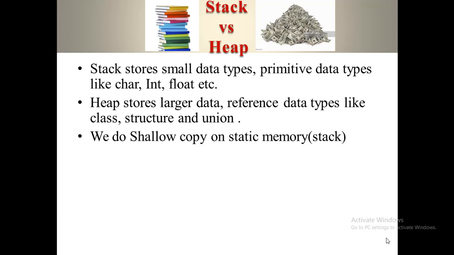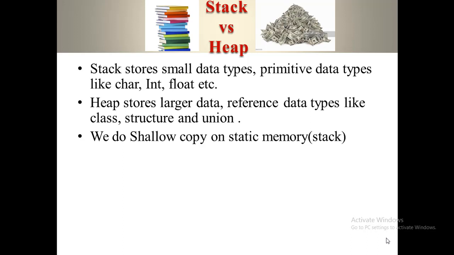We do shallow copy on static memory. Static memory is last in, first out based. It means that the last element which enters the stack will get out first from the stack.